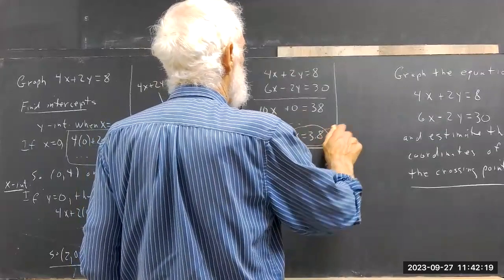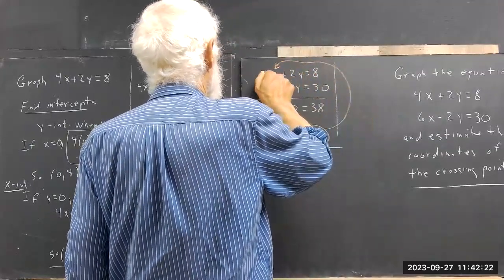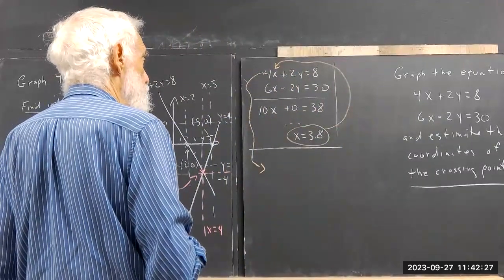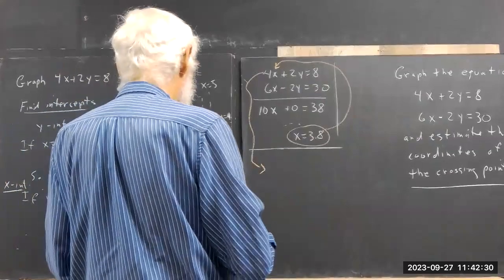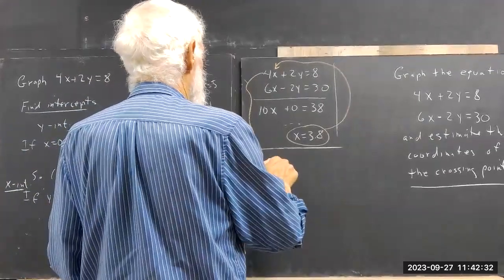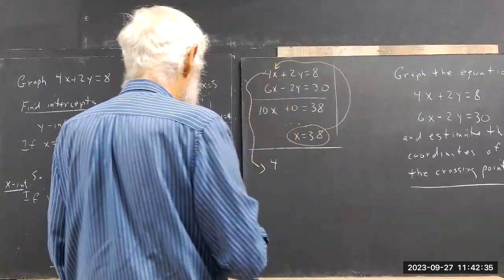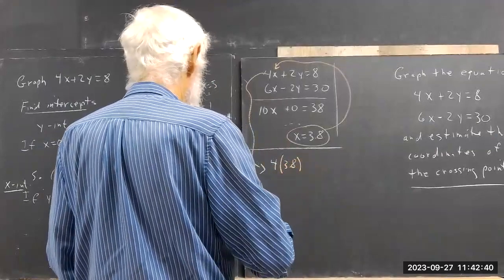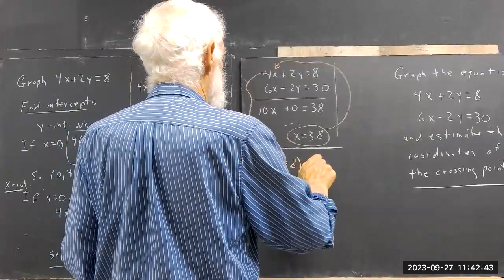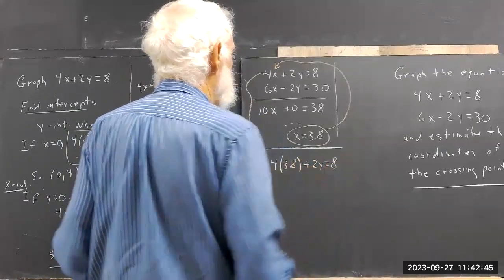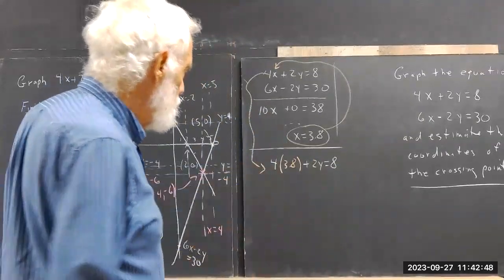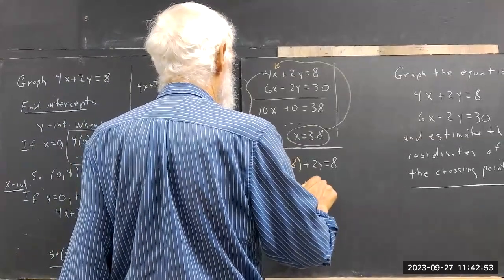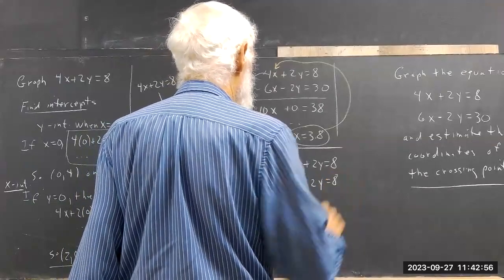If we take this 3.8 and plug it into the first equation, it's 4x, but that means we're going to want to do 4 times 3.8. Then that's plus 2y equals 8. Now we just do the arithmetic. We multiply this out. I believe this gives us 15.2 plus 2y equals 8.